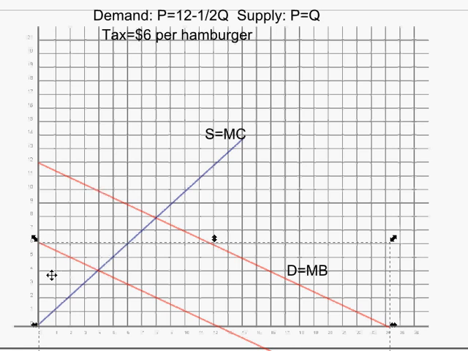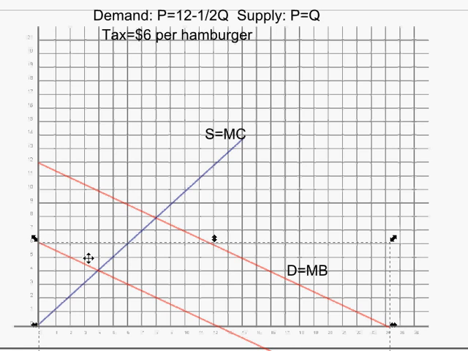And so the important part of shifting either the supply curve up 6 or the demand curve down 6 is to see that that quantity is going to be 4 and that one price is going to be $4. That's the price the business actually gets to keep, and then the other price the consumer pays will be $6 higher, 10. So what a tax does is it makes a gap. It forces a wedge of $6 between the demand and the supply curve.